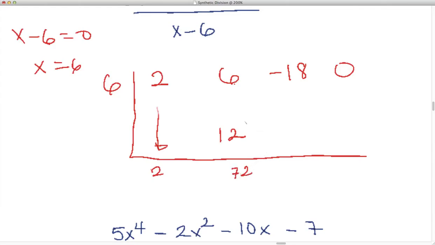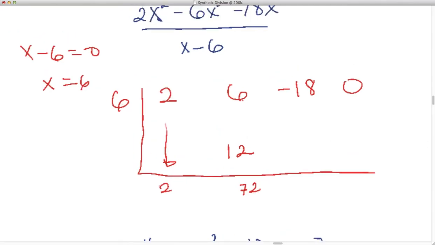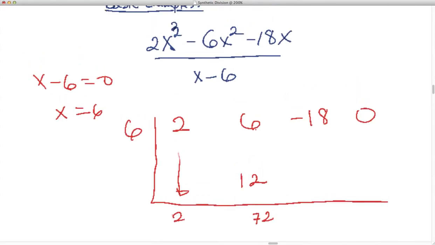These numbers are not working out nicely. I guess I should have tried it before I went ahead and divided. Is that what it is?